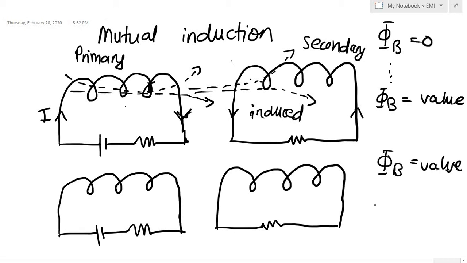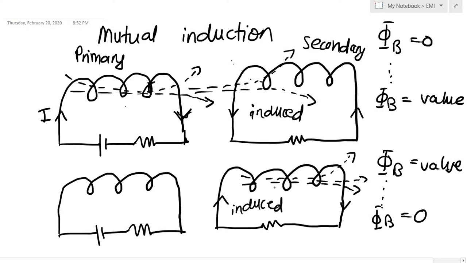When you kill the switch, there is a change, because it just drops to 0 from that value. So it will try to mimic the original magnetic field. Because it doesn't want the original magnetic field to just die down, it will try to have a magnetic field like this, and in that process an induced current will be set up this way, corresponding to the magnetic field that it doesn't want to die.